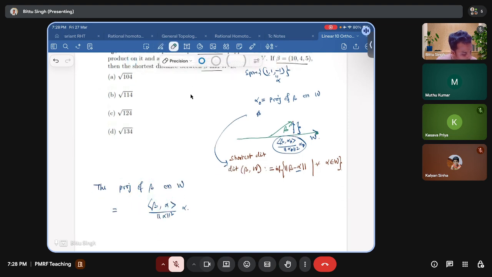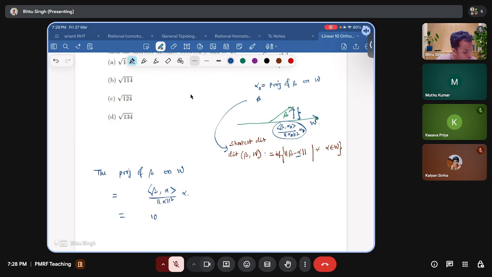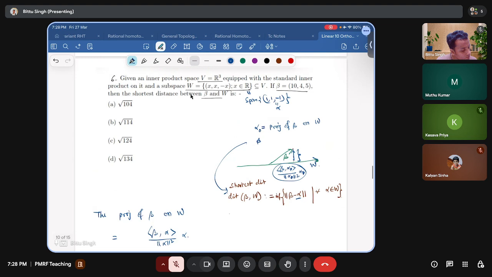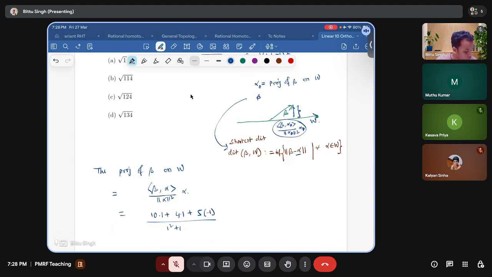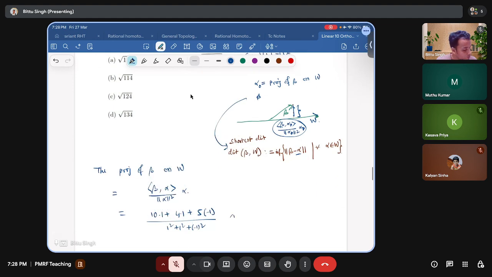So beta is 10, 4, 5, and alpha is 1, 1, minus 1, divided by norm of alpha squared, 1 squared plus 1 squared plus minus 1 squared, times alpha, 1, 1, minus 1.